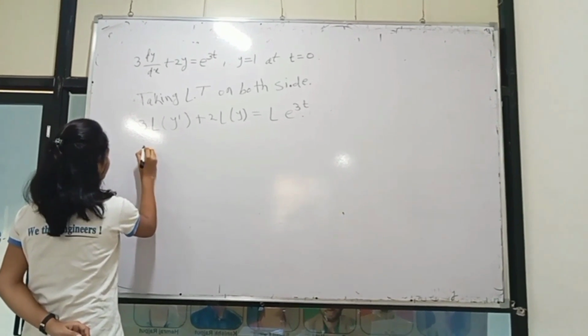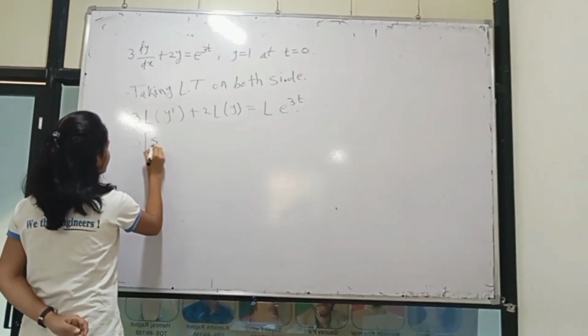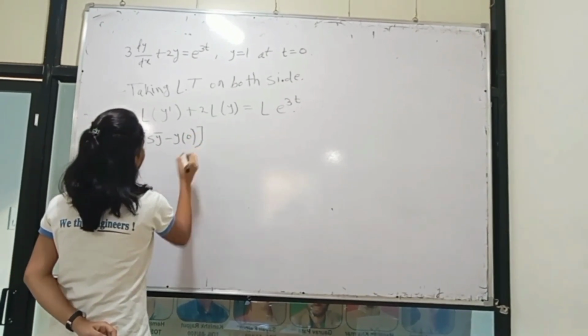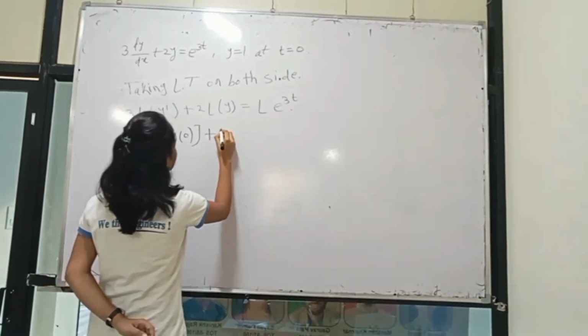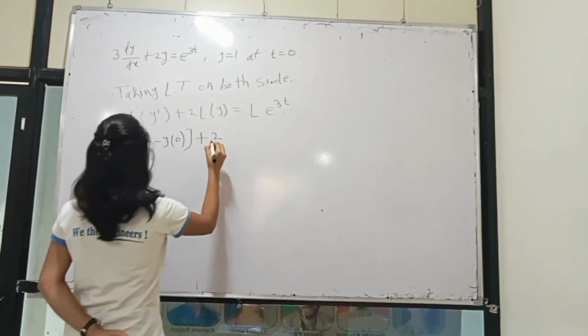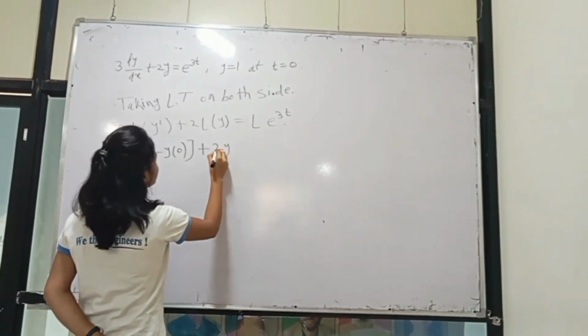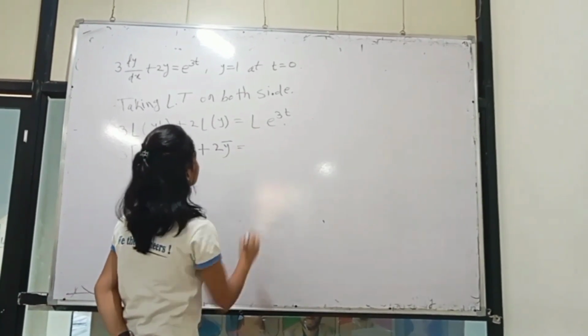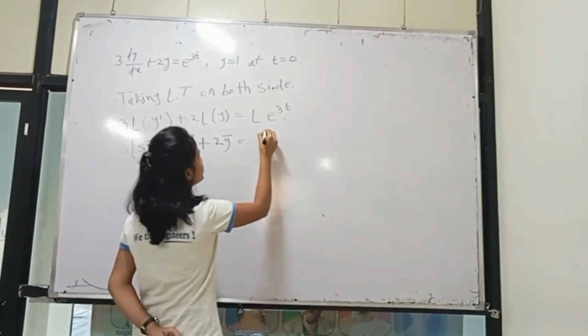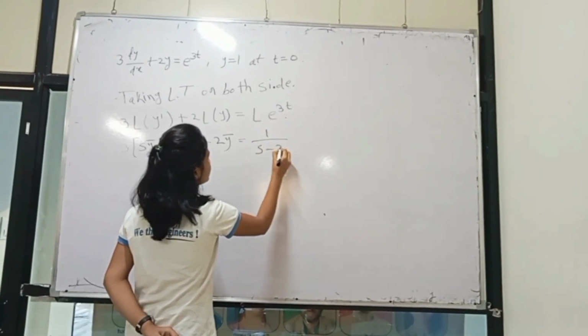So we have, in brackets, s y bar minus y naught, bracket complete, plus 2 into y bar is equal to Laplace of e raised to 3t, which is 1 upon s minus 3.